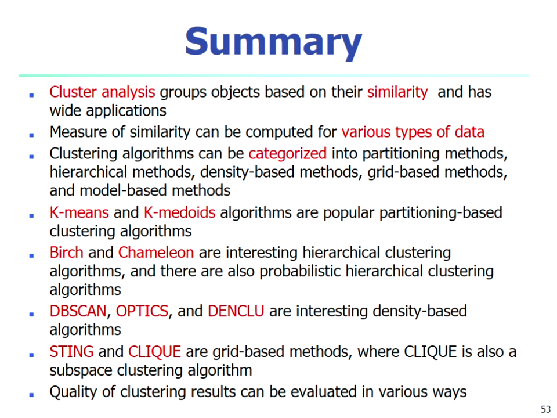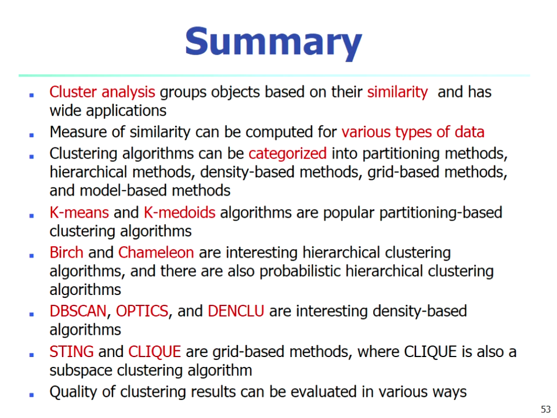After that, we said that a measure of similarity can be computed for various types of data. For example, if we have numeric data, in this case we can use Euclidean distance. If we have not numeric data but binary data, we can use the Jaccard index, etc.